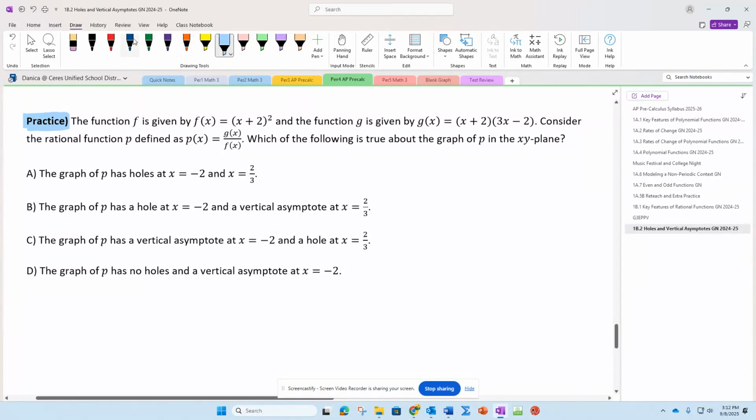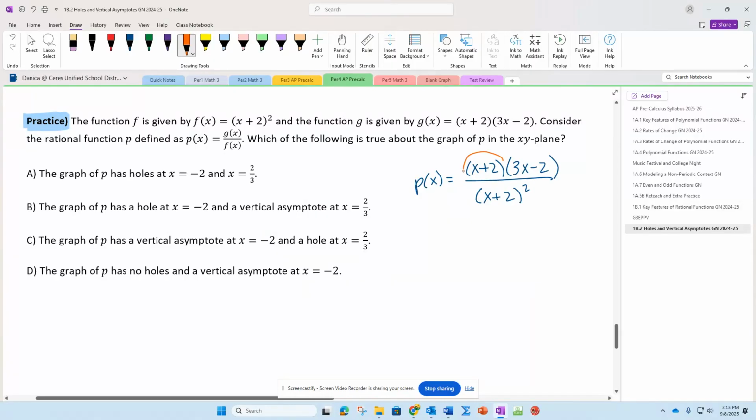If we take a look at what we've got here, f is on the bottom, so our p of x has the f part in the bottom, which would be x plus 2 quantity squared. Our g is in the top, so we have x plus 2 and 3x minus 2. Okay, so now we're looking at holes and vertical asymptotes.